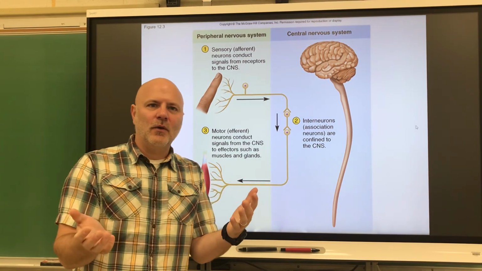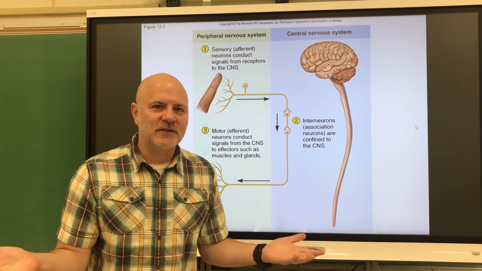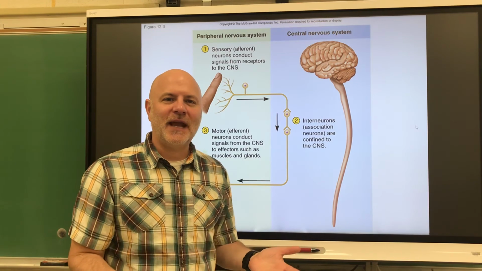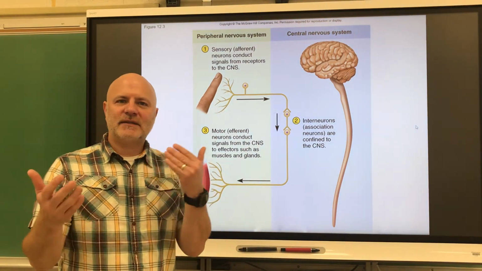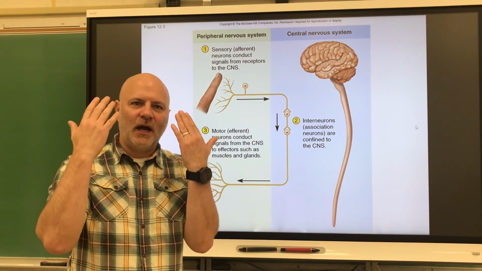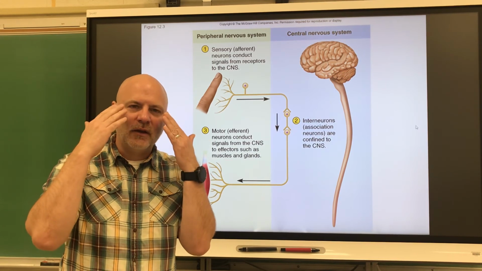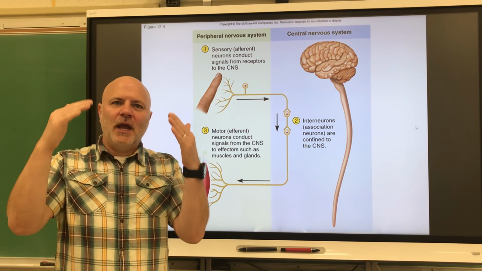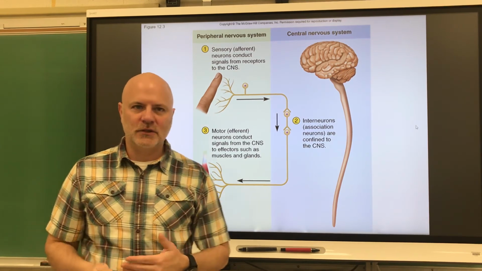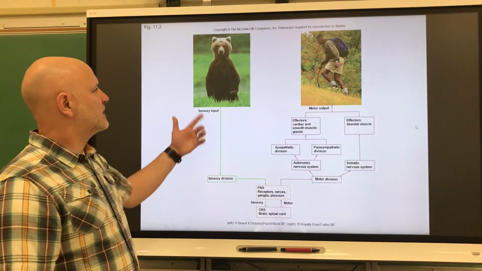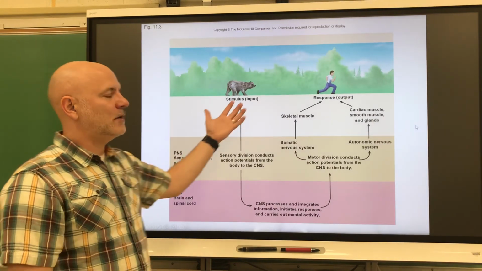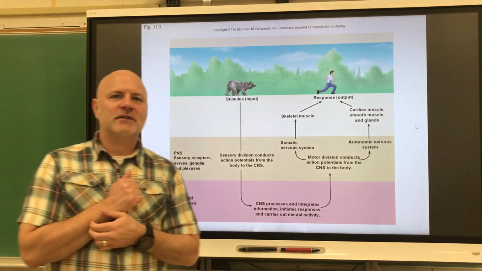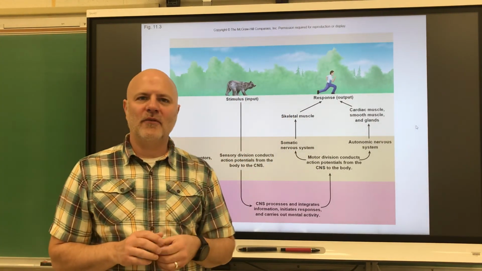Most of my students in the past say they put their foot on the gas. That's sensory information picked up by your eyes, your brain interprets that input, and then you make a decision on what to do. The same thing could happen if you see a bear. We kind of talked about that. Hopefully you run away from that situation.